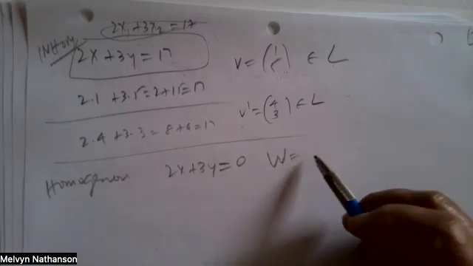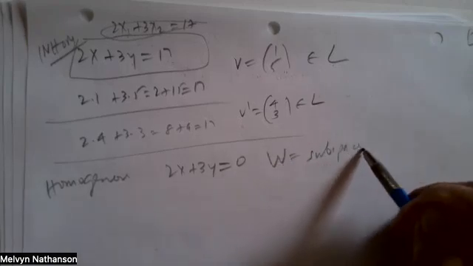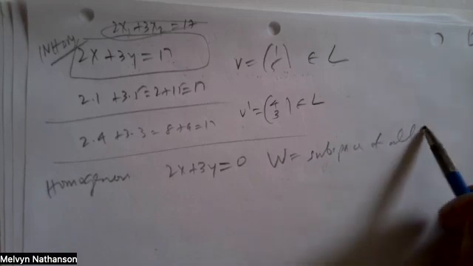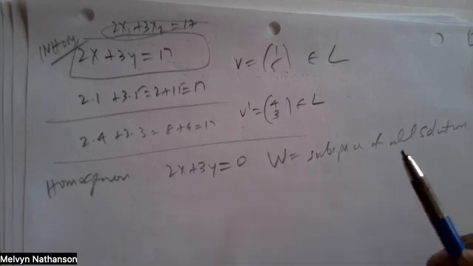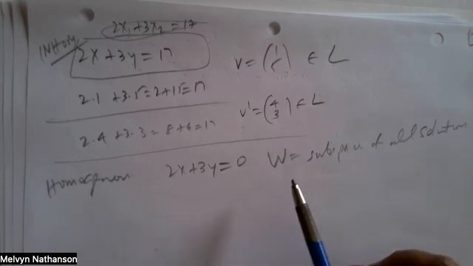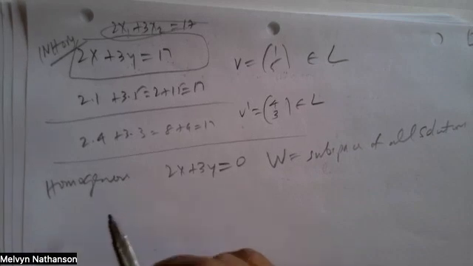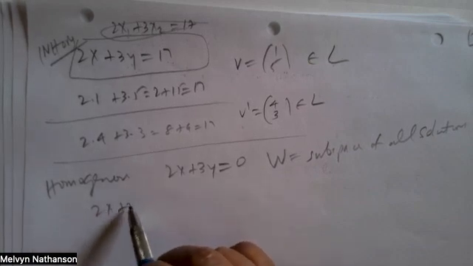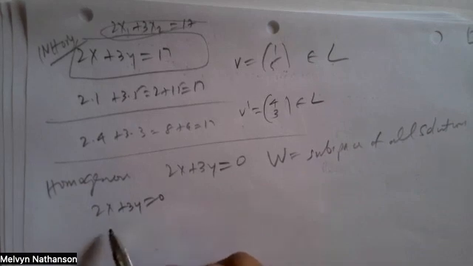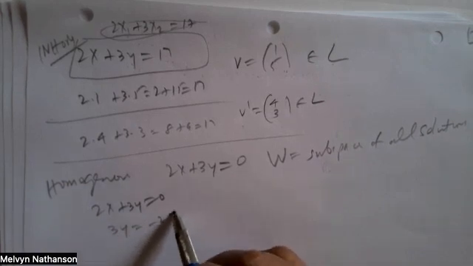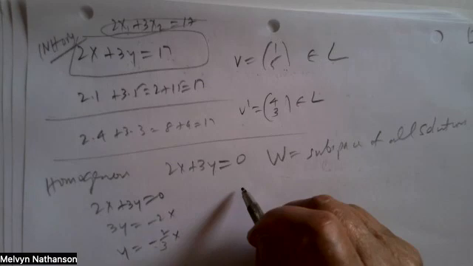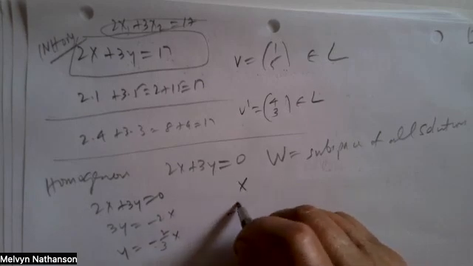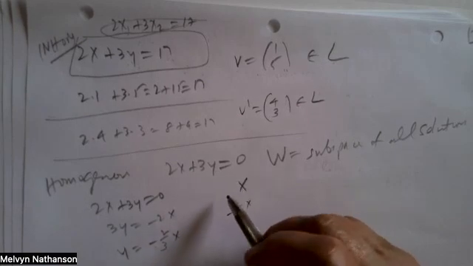So if W is the subspace of all solutions of this equation, you can do it in lots of ways. For example, if 2x plus 3y equals 0, then 3y has to equal minus 2x, so y has to equal minus 2/3 x. So if I take any value for x, y is minus 2/3 of x.